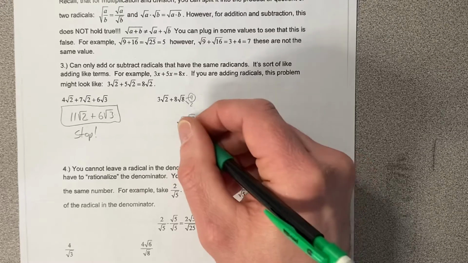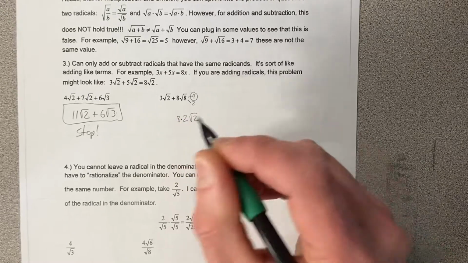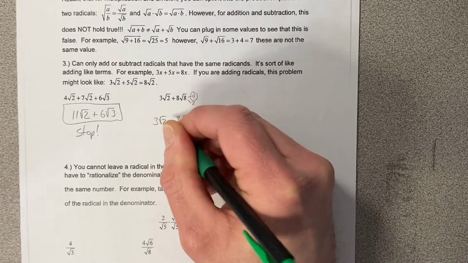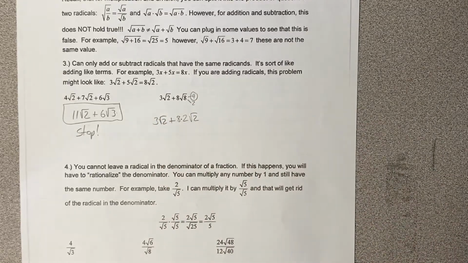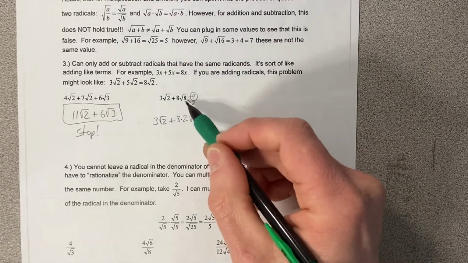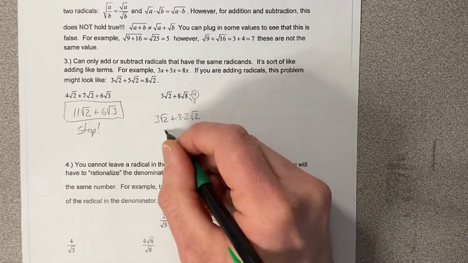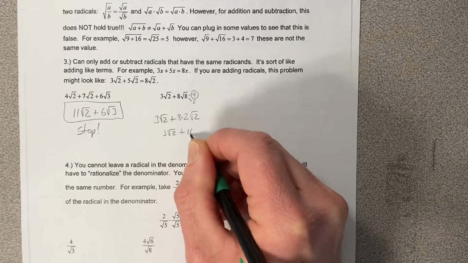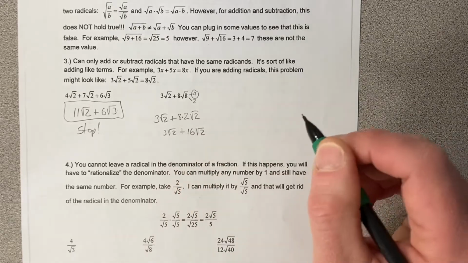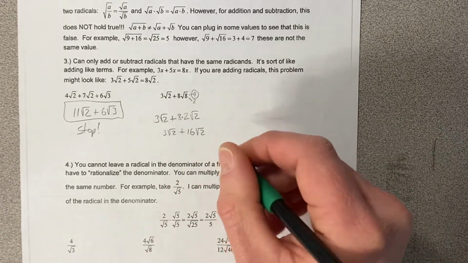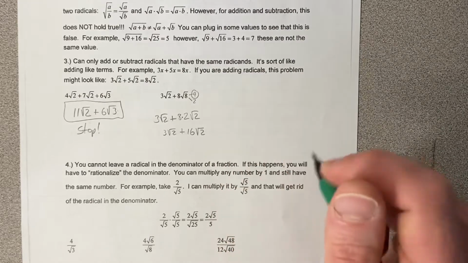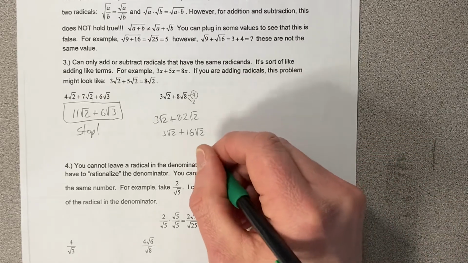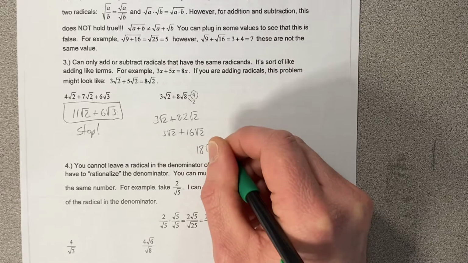But there was an 8 waiting on the outside. And we've got that 3 square root 2 as well. So what we actually have here, once we reduce the square root of 8, is 3 square root 2 plus 16 square root 2, which together will be how many square root 2's? 18, that's how many.